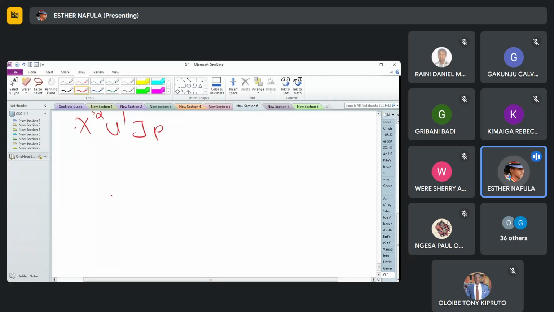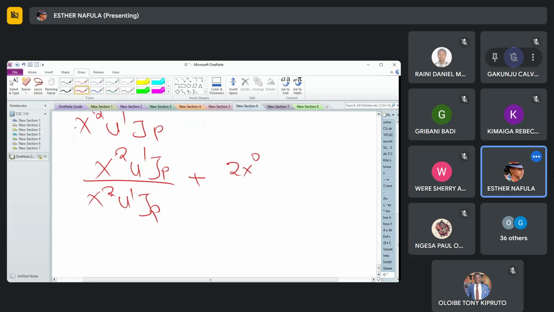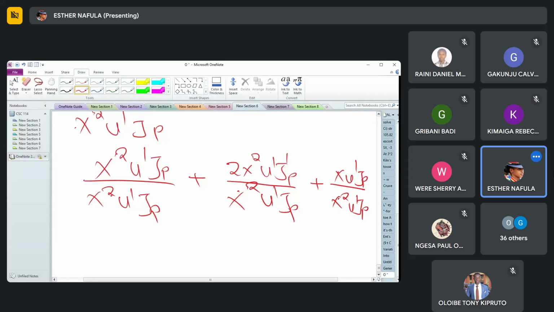So this implies you will have x squared u double prime jp divided by x squared u prime jp, plus the second term 2x squared u prime jp prime divided by x squared u prime jp, plus the third term x u prime jp divided by x squared u prime jp. So dividing through, what do we get? In the first term, u prime jp will cancel out.